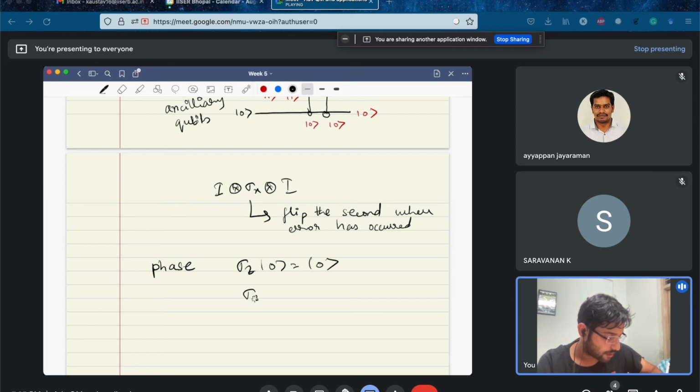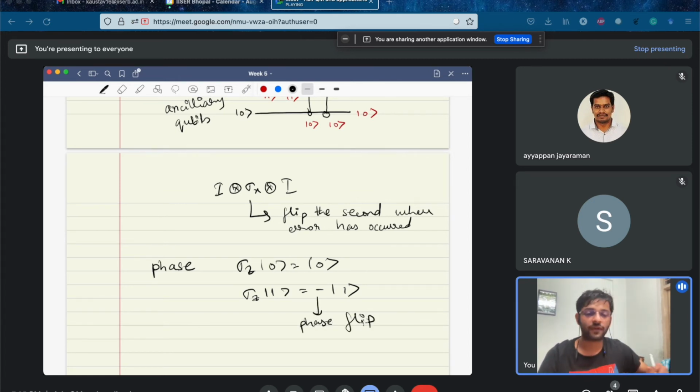When you have sigma z on 1, it puts a minus sign. So this is actually a phase flip, and you don't find any classical analogue to this. In the classical world, this phase flip does not exist. So this is only in quantum information.